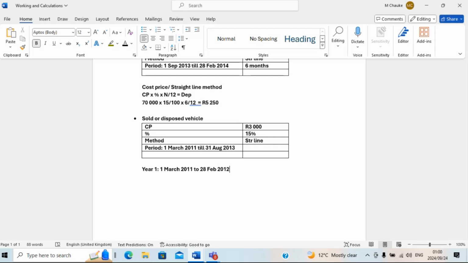And then we have to calculate depreciation for year one, which is the vehicle was there for the whole year, right?